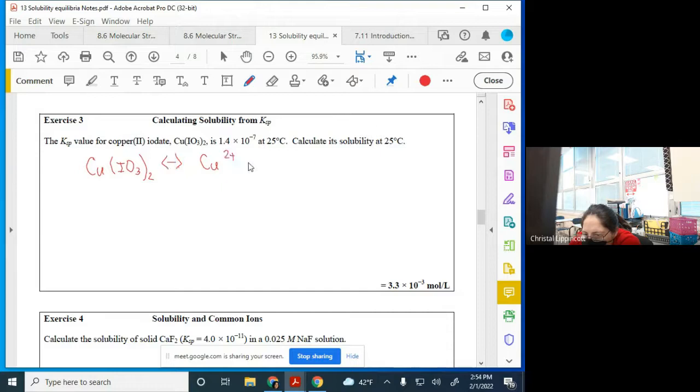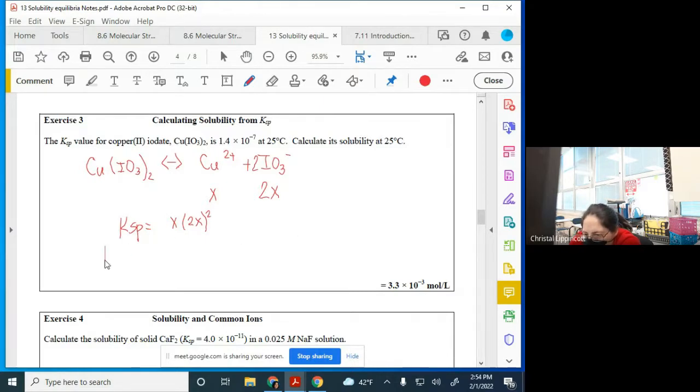Cu2 plus IO3 minus, but I've got 2 of those. So this is going to be X, and this is going to be 2X. So my KSP is going to equal X times 2X squared, which is 4X cubed.